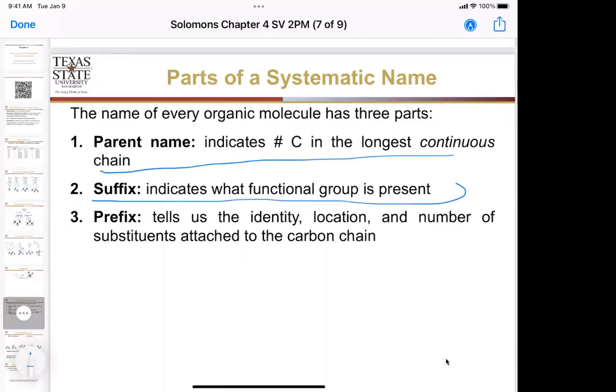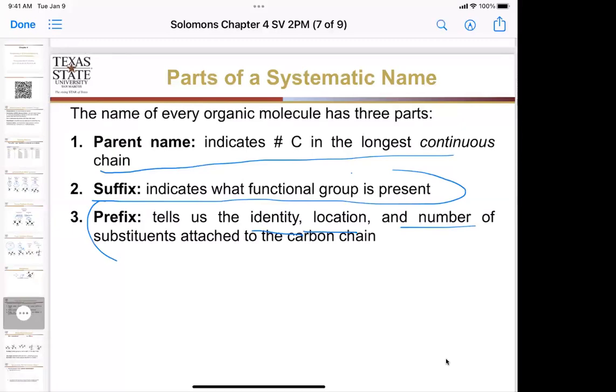Then this is going to tell us about functional group. And right now we only have one functional group we're talking about, ANE, hydrocarbon sp3 hybridized. And then the prefix tells you the identity, location, and number of substituents. So all the stuff in the beginning tells you where all the little stuff is. Then the stuff at the end tells you what kind of hydrocarbon you have and how many carbons are in it.